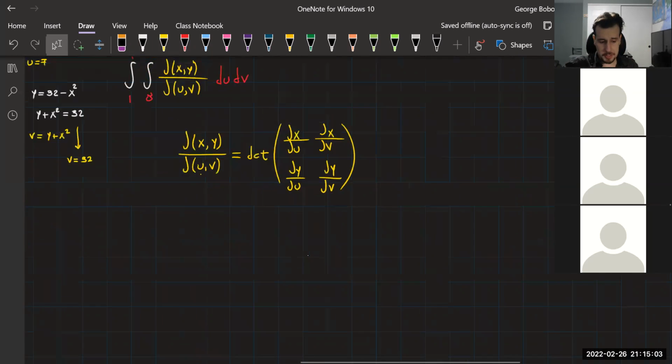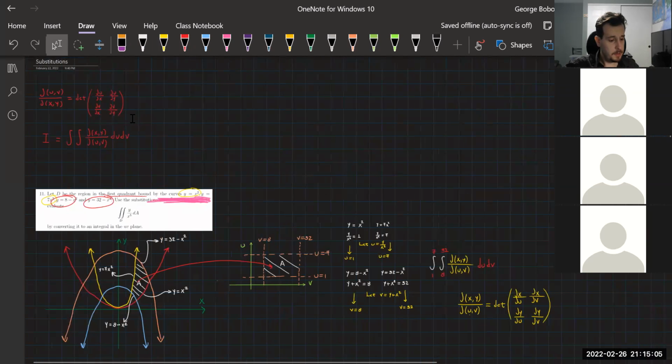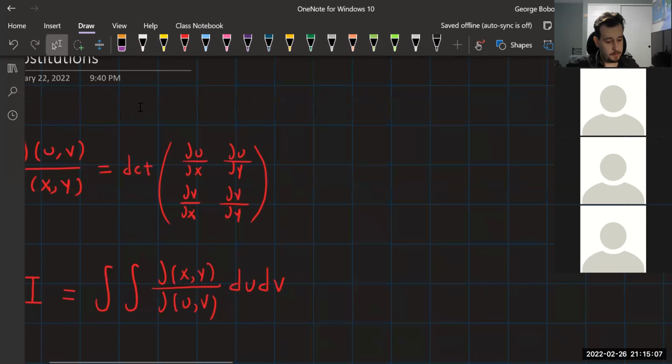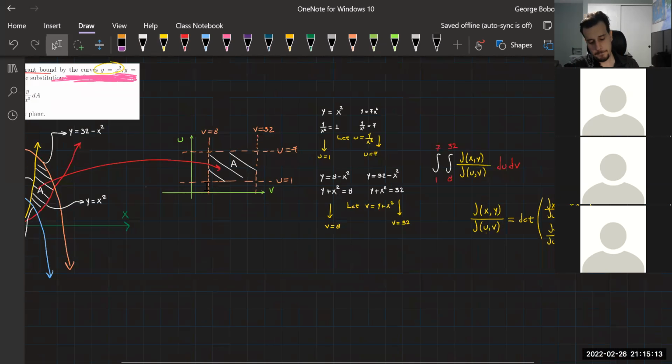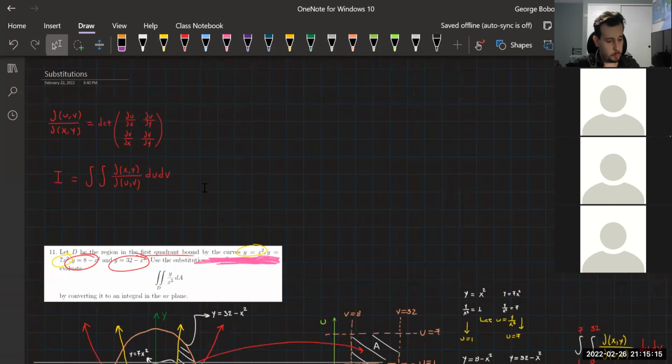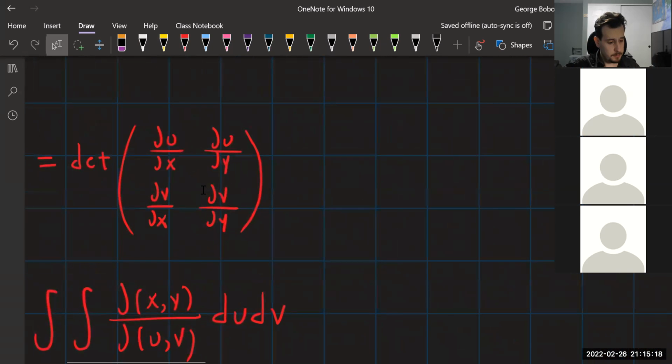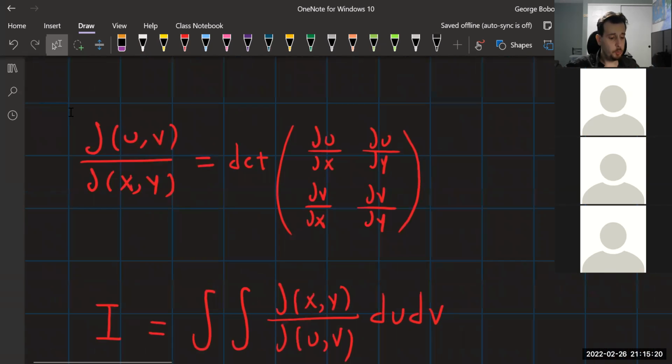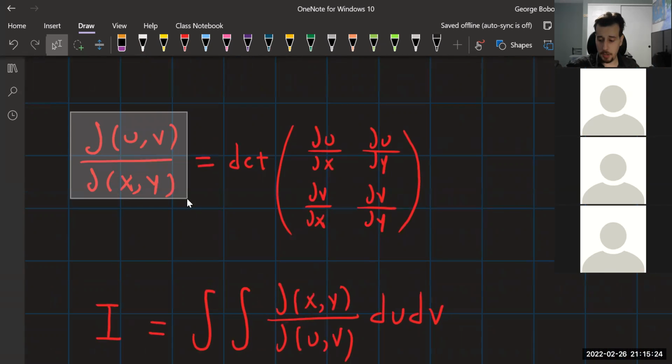There's a chance I screwed this up. I don't trust myself. Let me just see. I did not. du dx, dv dy. Yep. Okay. Wait. Whoa. What? Oh, that's if you write it in this direction. Okay, you see the u's and v's are on the top and the x's and y's are on the bottom.